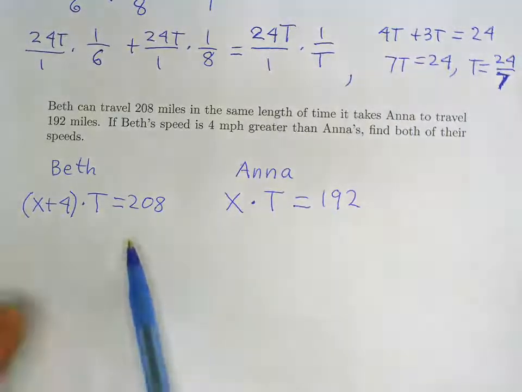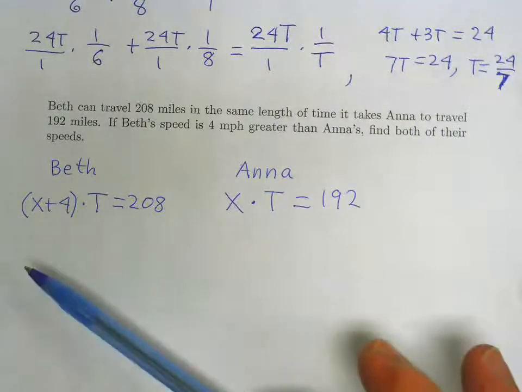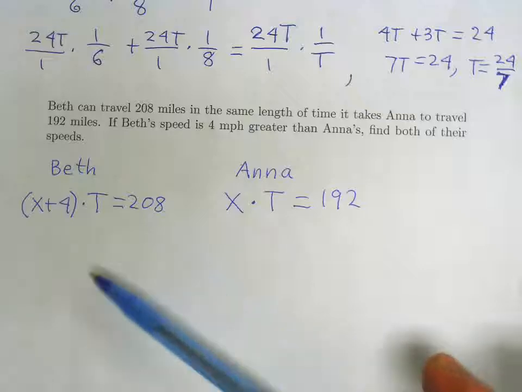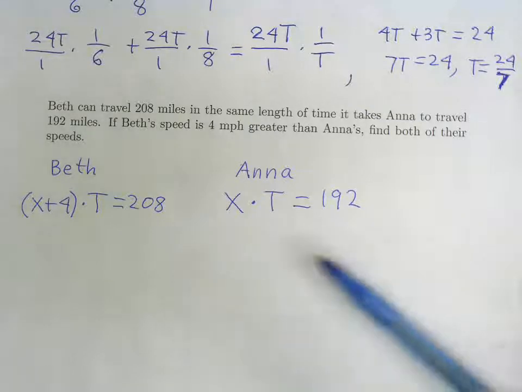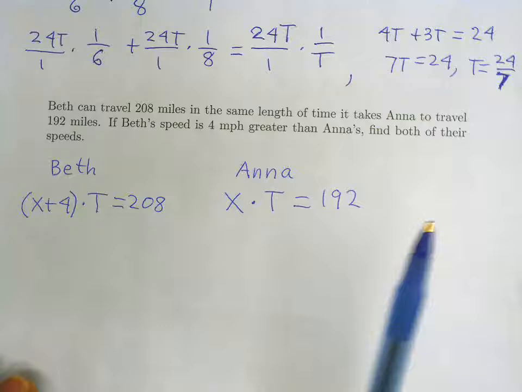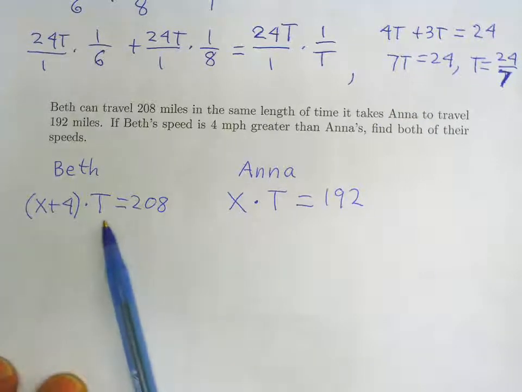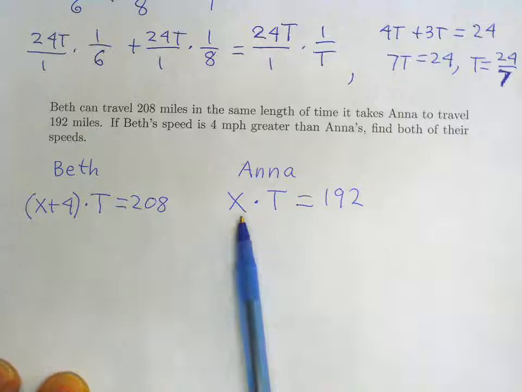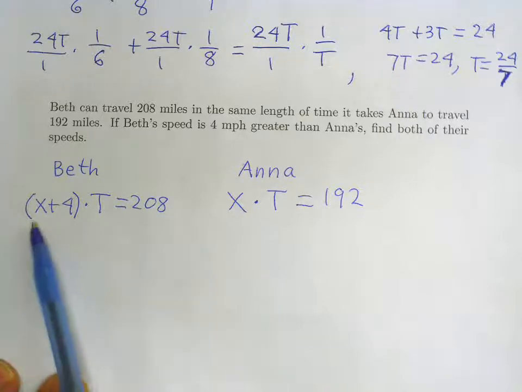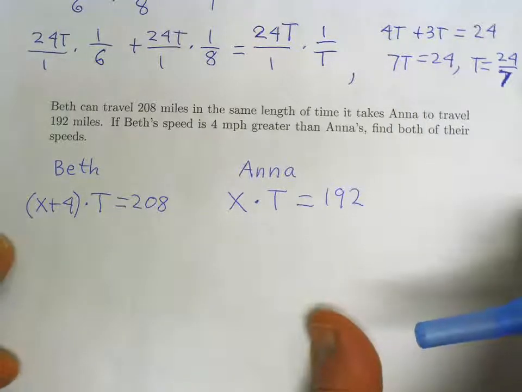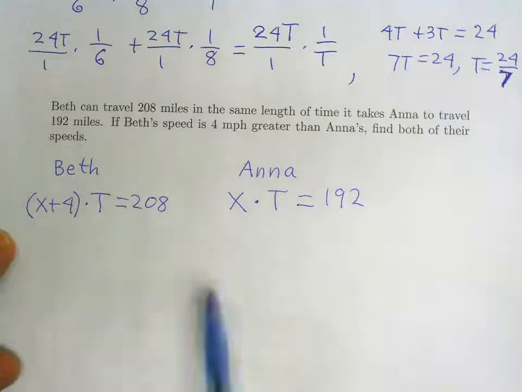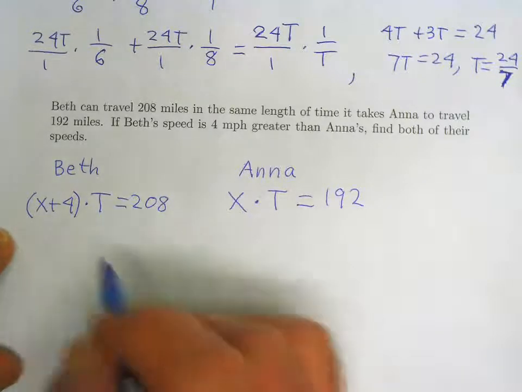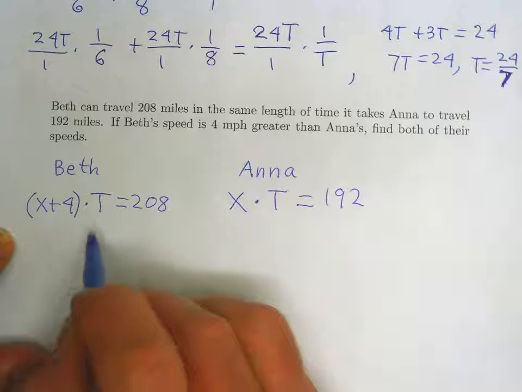So now we have a rate times time equals distance equation for both Beth and Anna. So it's no doubt obvious to you, but an important observation is that each of them spent the same amount of time. But we want to solve for x so that we'll know what x is, and then x plus 4. So the next step is a similar maneuver. We solve each of the equations for time.